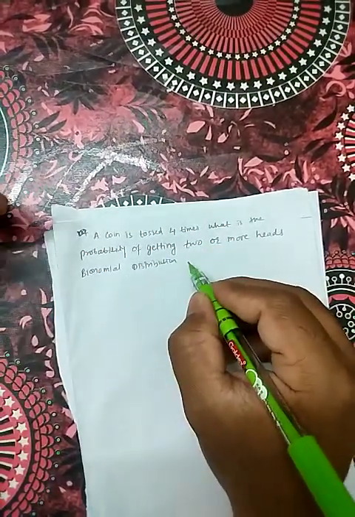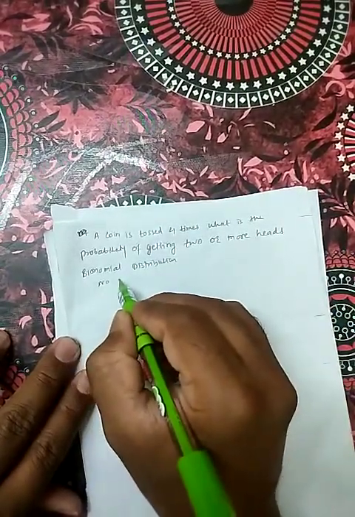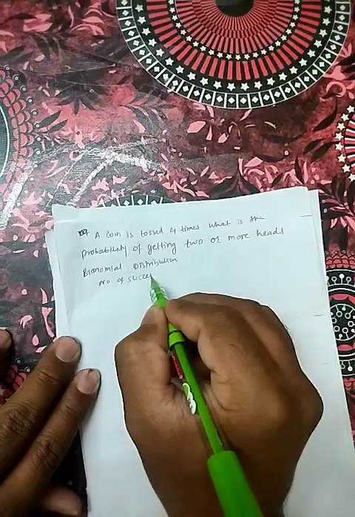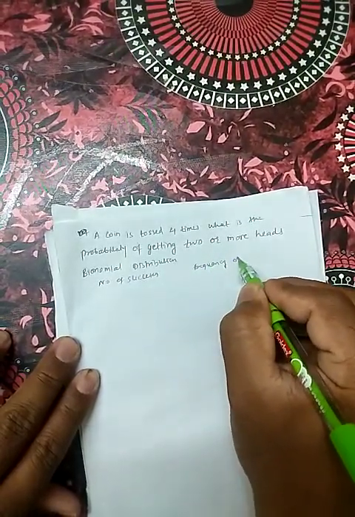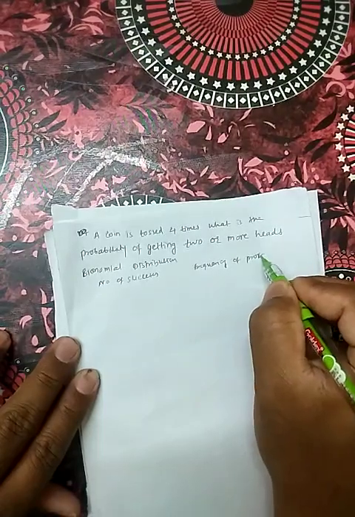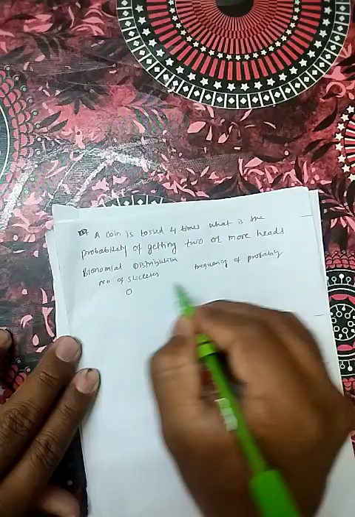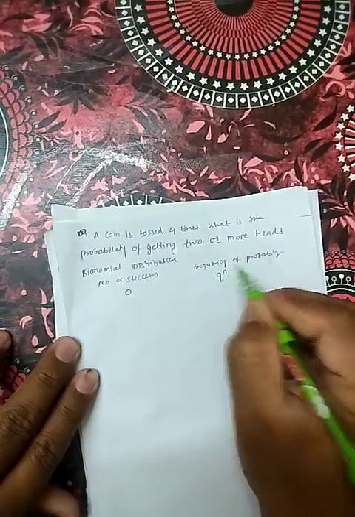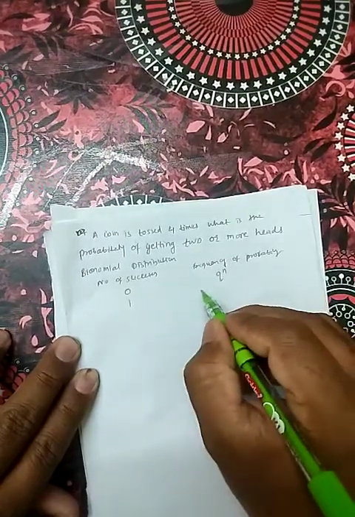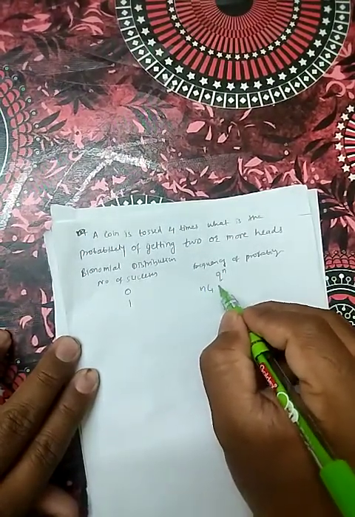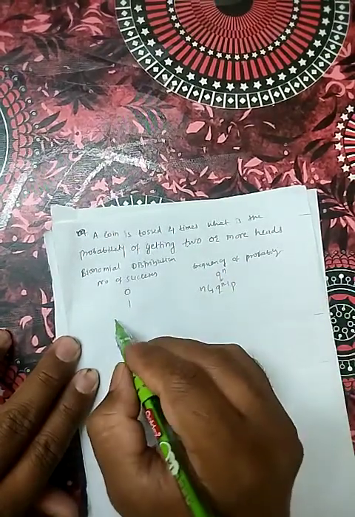The binomial distribution is here: number of success, frequency of probability. For zero success, probability is q raised to n. For one success, probability is nC1 q raised to n minus 1 into p.